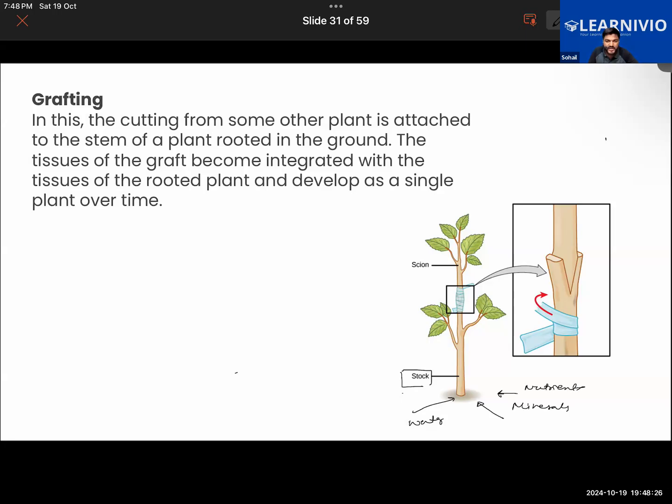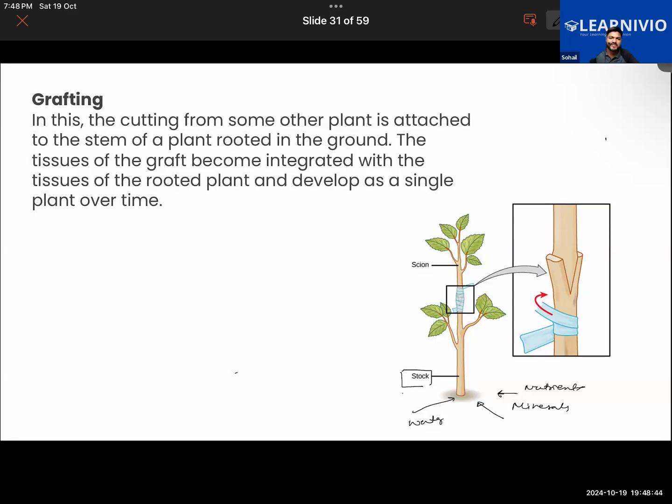And the other one is called the scion, the one that you have attached to it. So in this way, we are developing a new plant, and the new plant will be providing you desired characteristics.